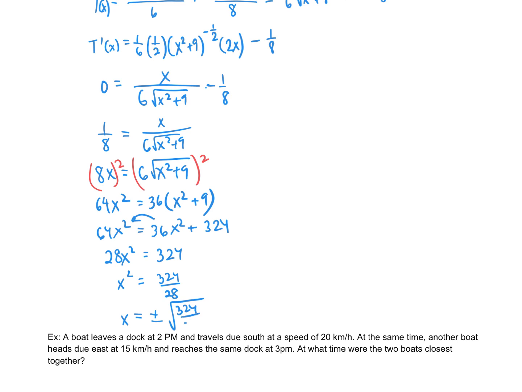Now the negative part is not within our domain, so we would reject that value. But I am going to clean up this square root first. So this does reduce to 81 over 7. And if I square root both sides, that's 9 over root 7, which is 9 root 7 over 7.